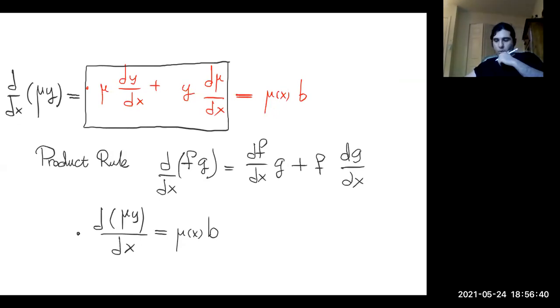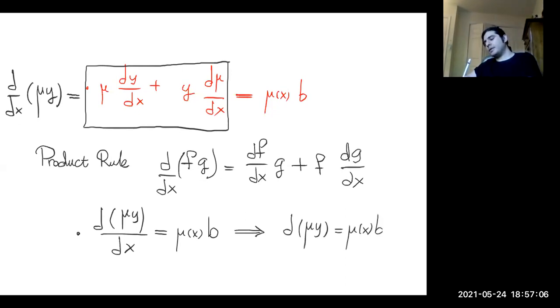Now that's pretty interesting. If we have that, we can actually continue solving the equation. Again, thinking about dx formally, suppose I multiply both sides by dx. So I would get d of mu y is equal to mu x b dx.